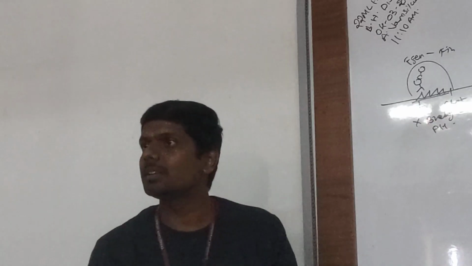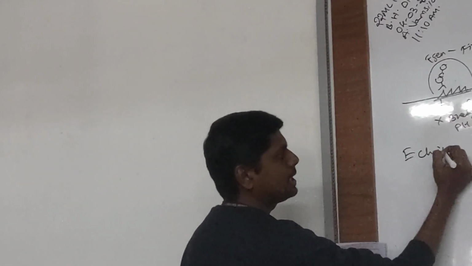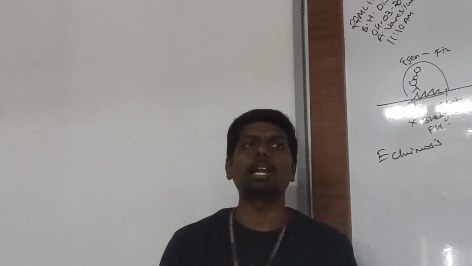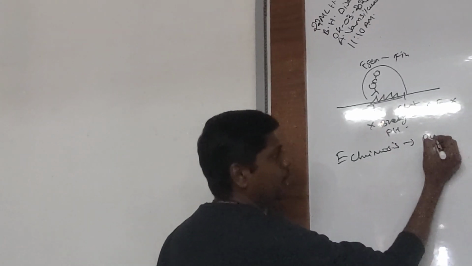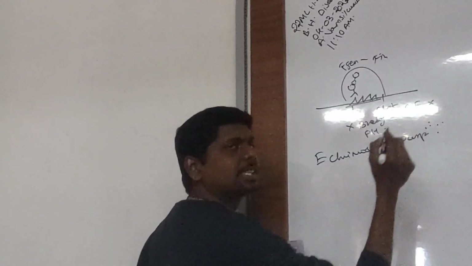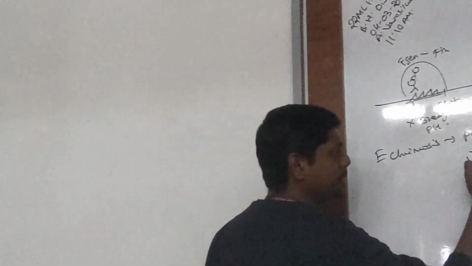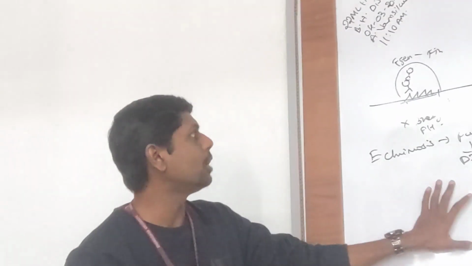That is called ecchymosis, or bruising. Ecchymosis can also lead to purpura. Purpura means red spots on the body. And severe purpura can lead to disseminated intravascular coagulation, DIC. We discussed these things so far.